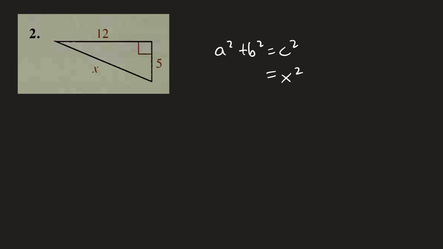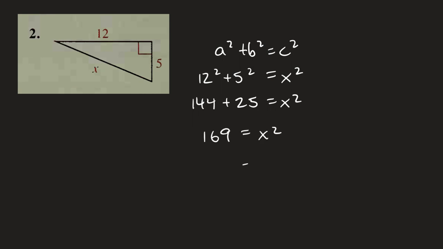It doesn't matter. 12 can go first, 5 can go first. I'll just go with 12. So 12 squared plus 5 squared. 12 squared is 12 times 12, that's 144. 5 squared is 5 times 5, which is 25, and X squared remains X squared. 144 plus 25 is 169, which is X squared.